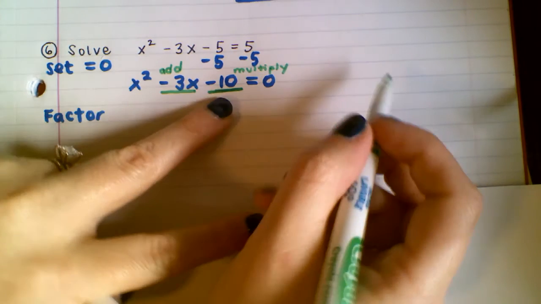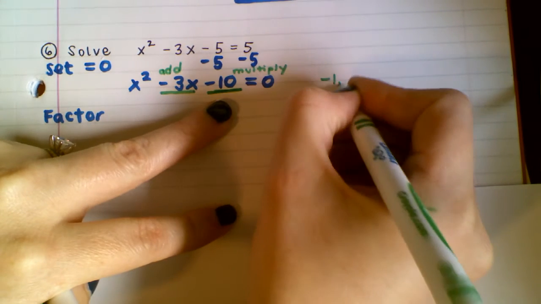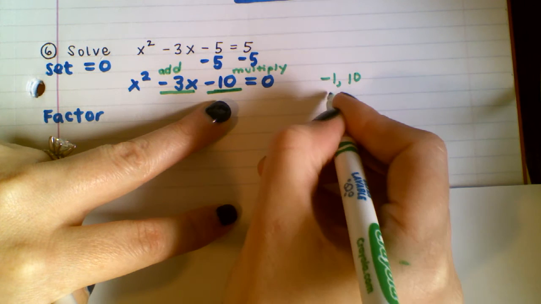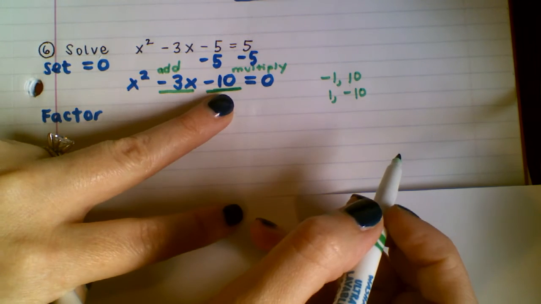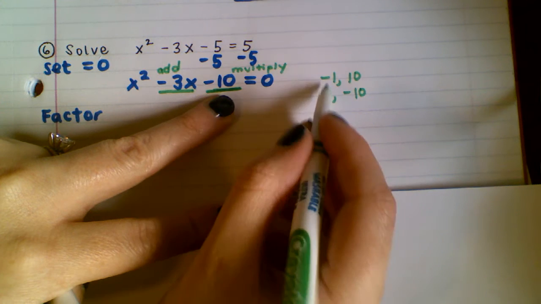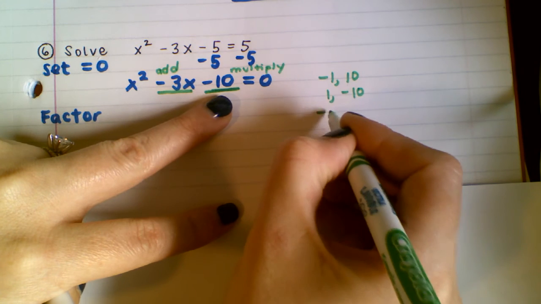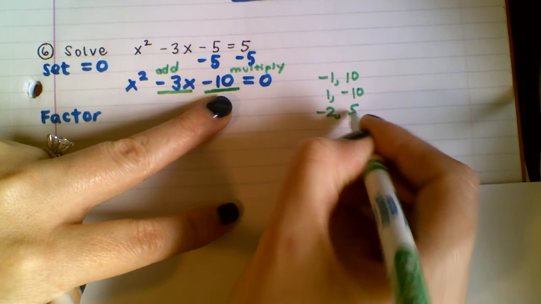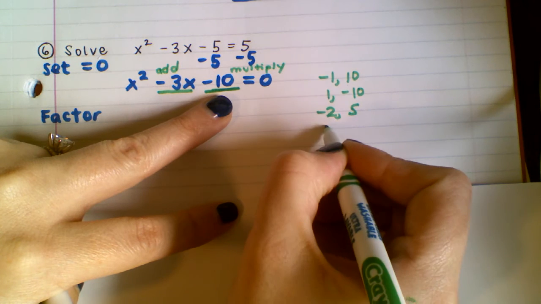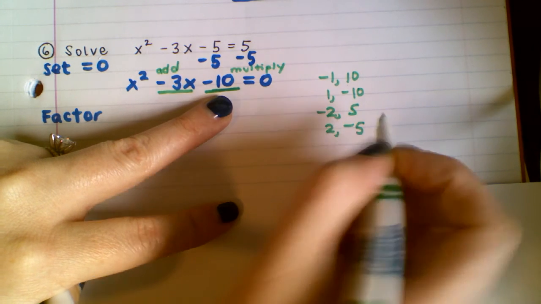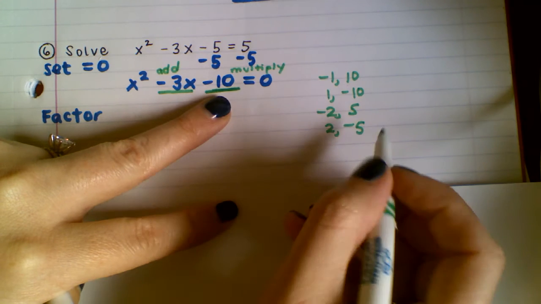So make my list of numbers that multiply to -10. -1 and 10. +1 and -10. After the number 1 comes 2, so -2 times 5 multiplies to -10, or 2 times -5 multiplies to -10.